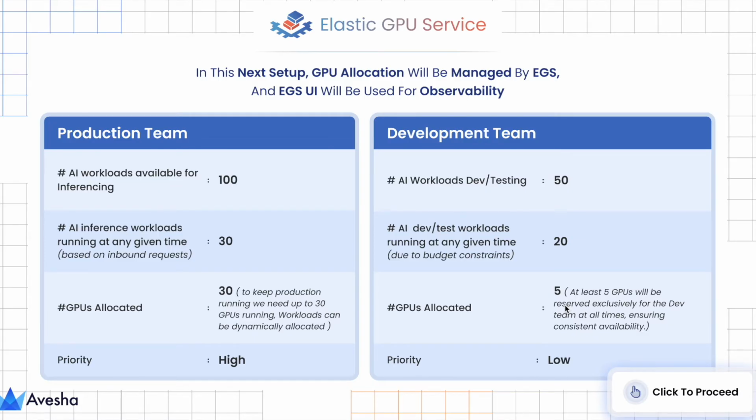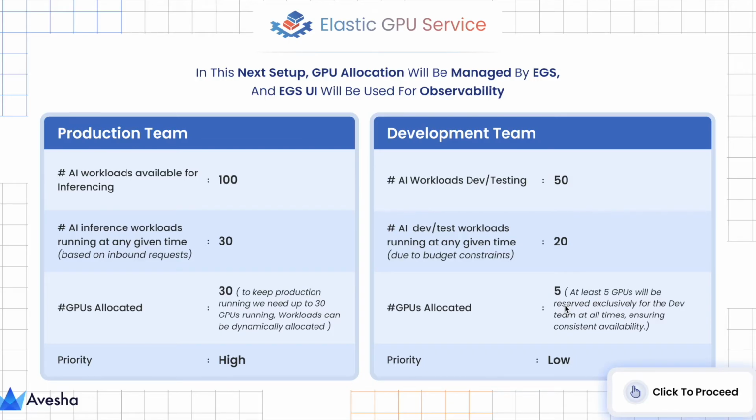That leaves a pool of 35 GPUs that EGS can dynamically share between the two teams as needed. So we don't need 120 GPUs allocated as we saw in the static model. That's a whopping 70% less GPU resources allocated right off the bat.